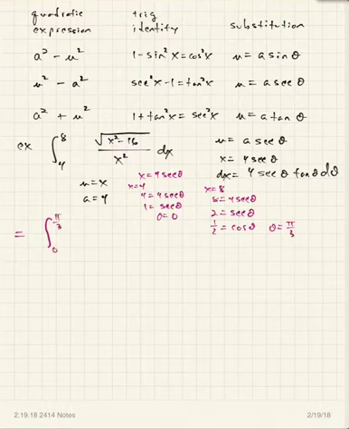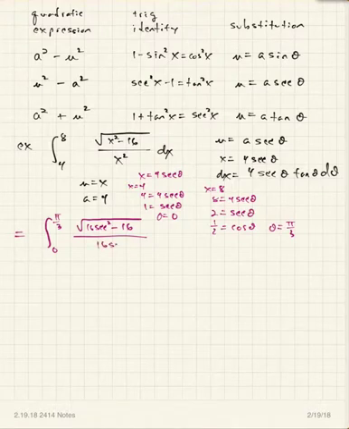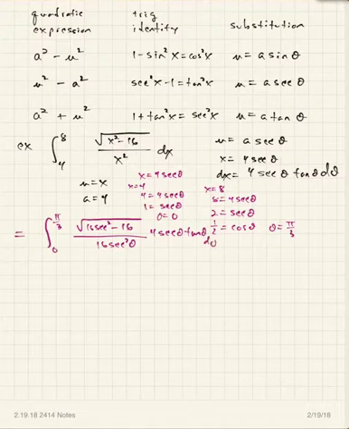And that means I don't have to go back to x's at the end of my problem. All right, so I make my substitution. So this would be the square root of x squared minus 16, so that would be 16 secant squared theta minus 16. In the denominator, you have x squared, which would be another 16 secant squared theta. And then dx would be 4 secant theta tangent theta d theta.